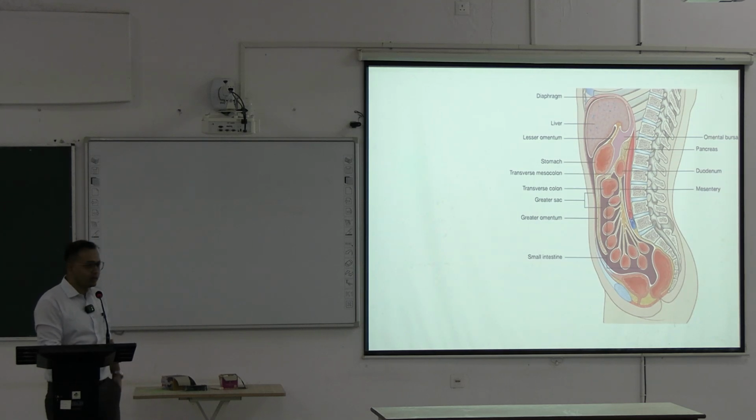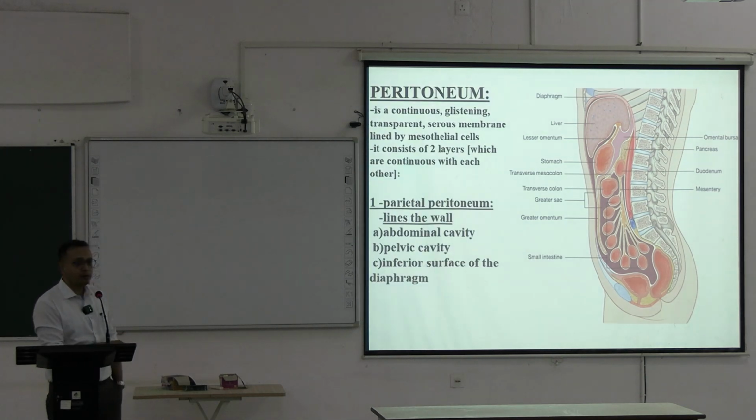The peritoneal cavity we will talk about in a separate class, like the next class. Today we will be focusing on the peritoneum and the layers of peritoneum we mentioned. It is a kind of membrane, transparent or semi-transparent, lining the inside of the layers of the anterior abdominal cavity, and it has two layers.